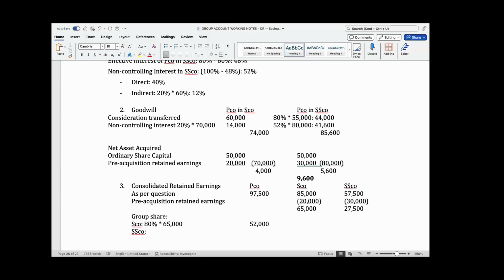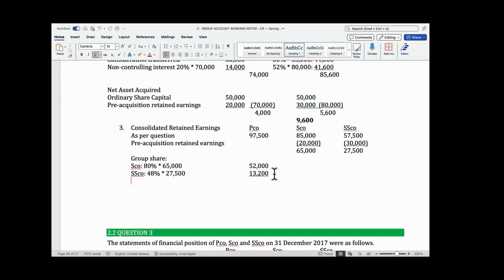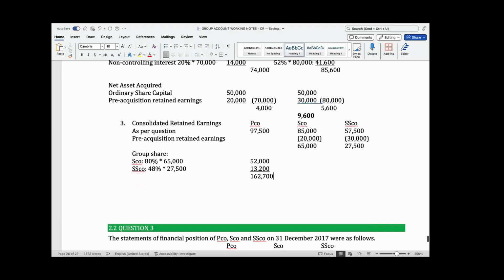And in SSCO, the parent has 48% of 27,500, which is 13,200. The total is 162,700.